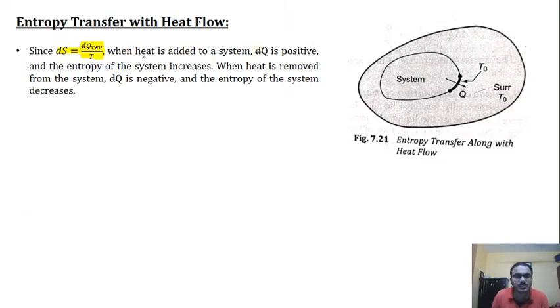So when heat is added to the system, dQ is positive, and the entropy of the system increases.